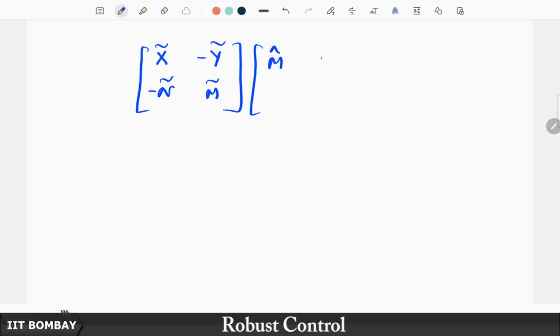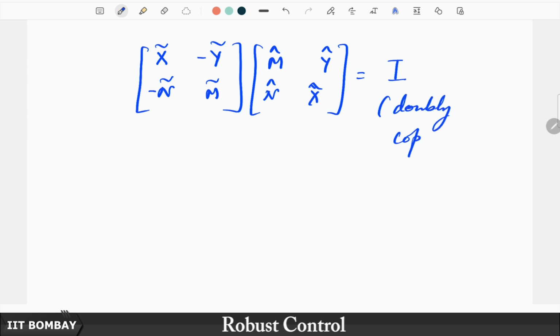This is going to be the key. Okay. So, if you are not sure of this, please revisit the earlier lecture where we have established that this must be true, so that you are convinced that we are not just pulling some arbitrary trick out of the hat. Yeah. So, this is the doubly coprime factorization.